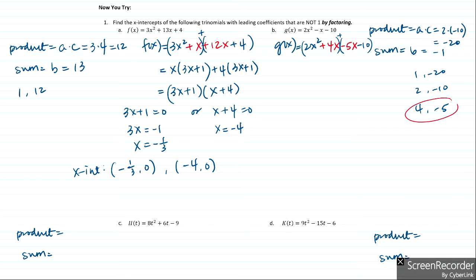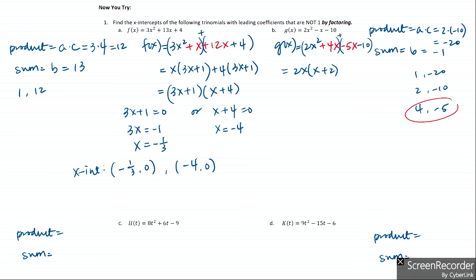The first group would leave me with a GCF of 2x. Once I take that out, I have x from the first term and 2 from the second term. Now for the second parentheses, we see the leading term is negative, so I'm going to factor out a negative value.